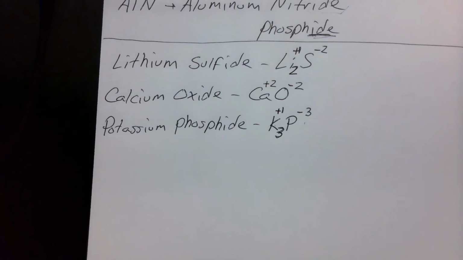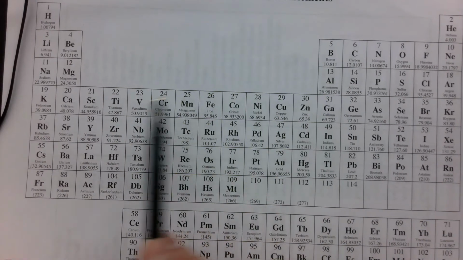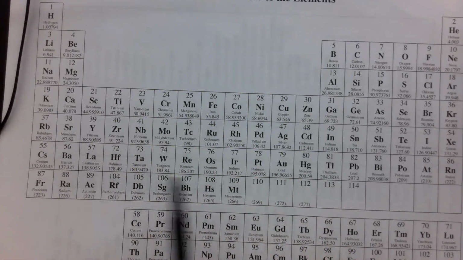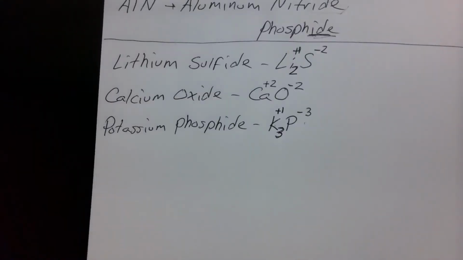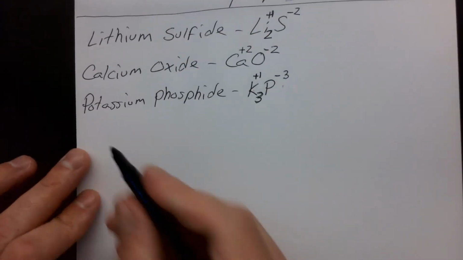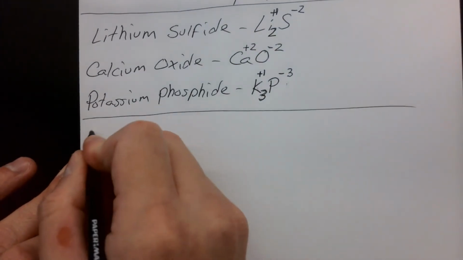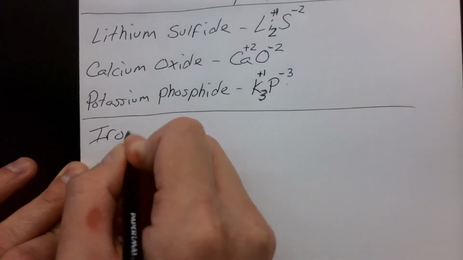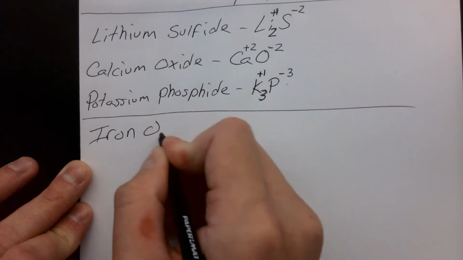But if instead we talk about the elements in the middle, the transition metals, all of these guys here in the middle actually have multiple possible charges. So you can't just say iron oxide.